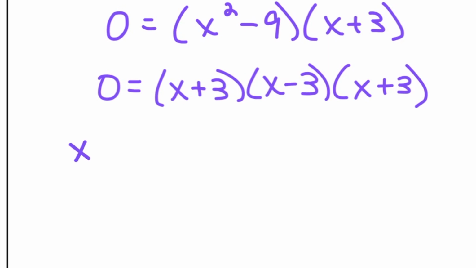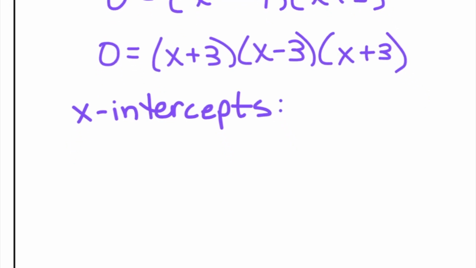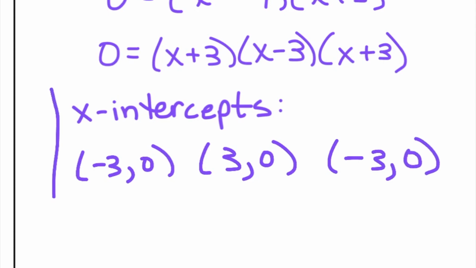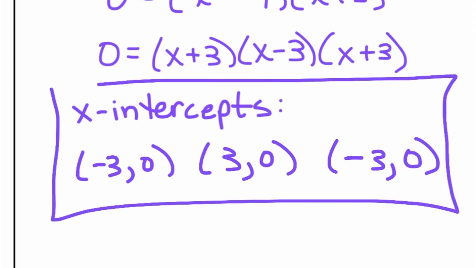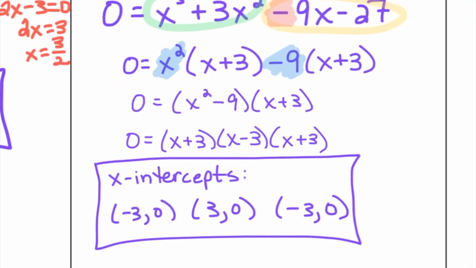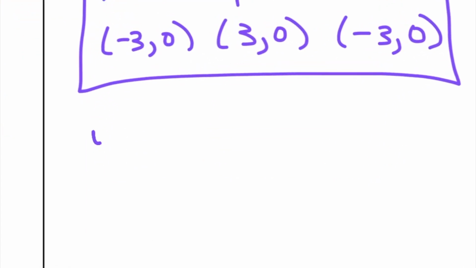And so your x-intercepts, there are 3 of them. Set each of those factors equal to 0, and you get -3, 0, +3, 0, and another -3, 0. And then for y-intercepts, just make all the x's 0. That's fairly straightforward.